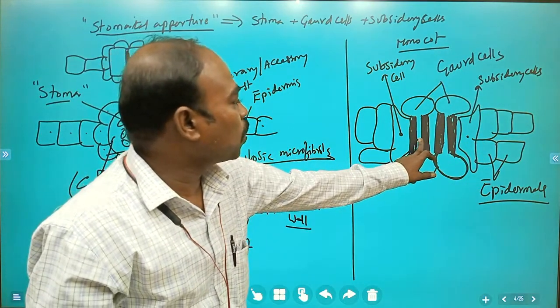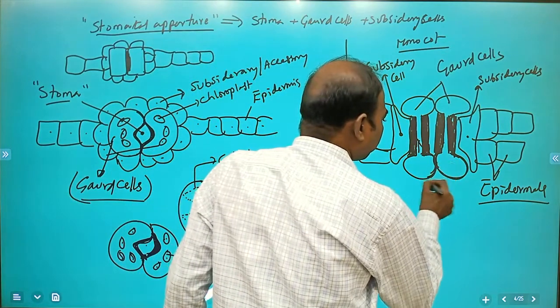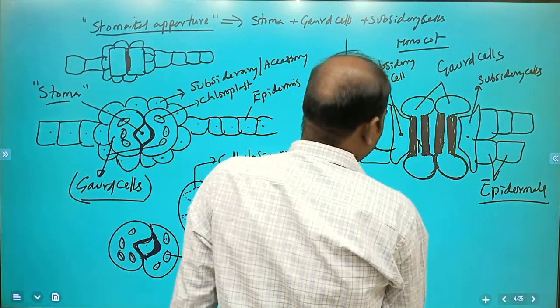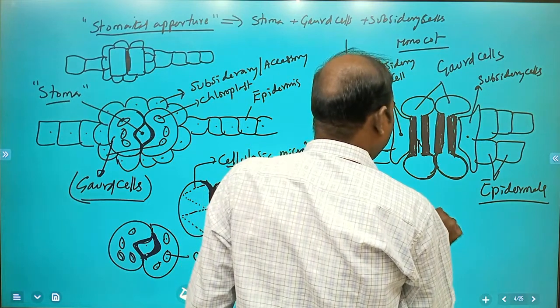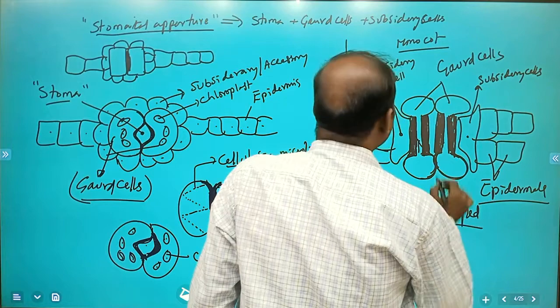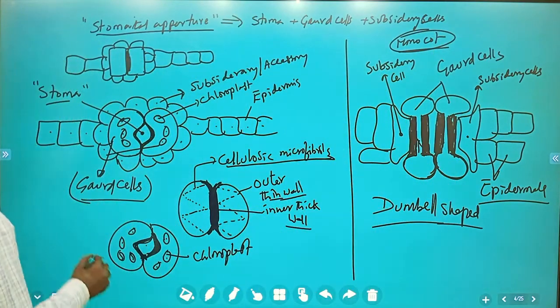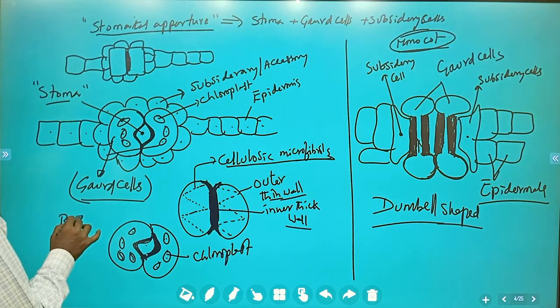Right? Here also chloroplast is present in the guard cells. This dumbbell shaped guard cells are found in monocot plants, whereas here they are bean or kidney shaped.